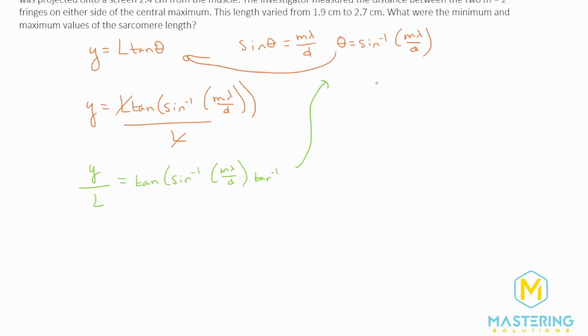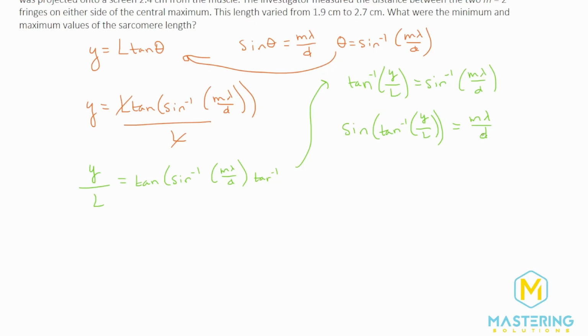And so we'll have inverse tangent of y over L is equal to inverse sine of m lambda over d. Okay, now the next step is let's take the sine of both sides, right? So now we have sine times the inverse tangent of y over L equals m lambda over d.